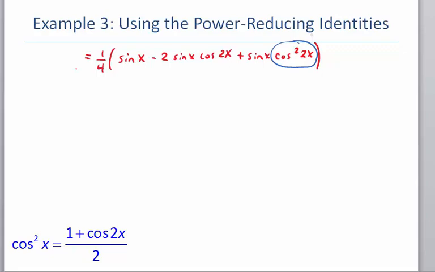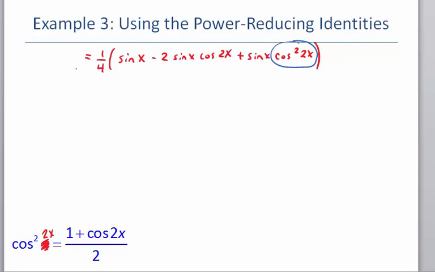And I'm going to use this power reducing formula at the bottom. But the difference is, when I compare what I have up here to what I have down here, note that I have a 2x up here and just an x here. So what needs to happen is I'm going to come down here and replace this x with a 2x so that it matches what I'm looking for.